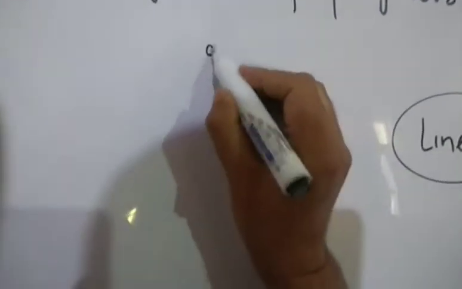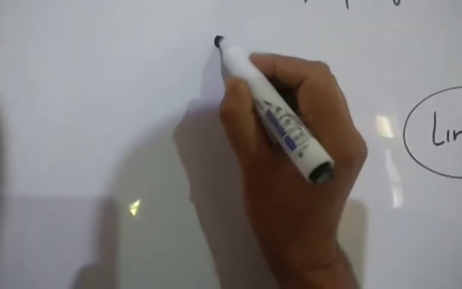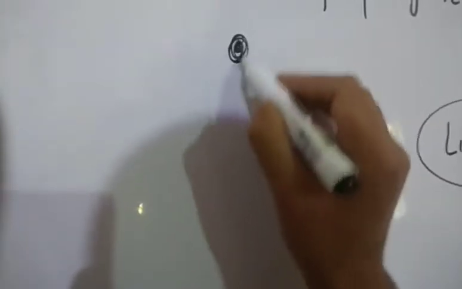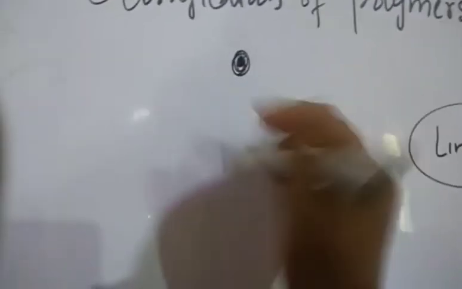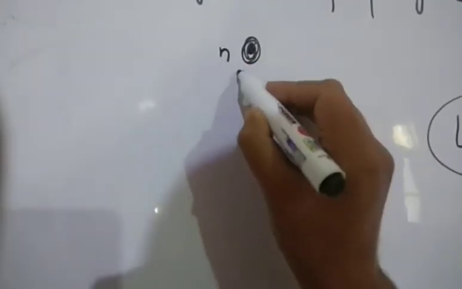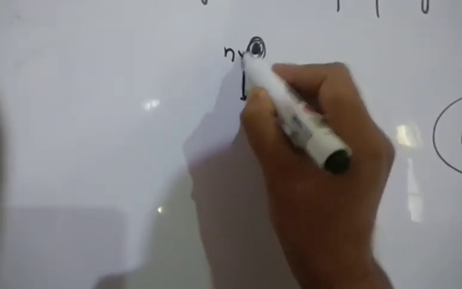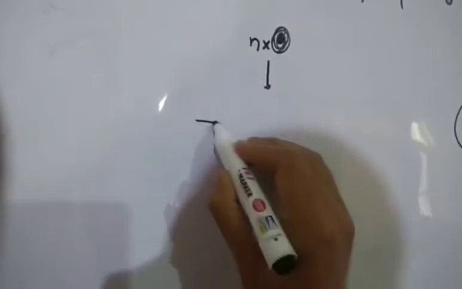Now linear polymer जो है, जैसे word बोल रहा है, it's a linear, means let us say this is our individual monomer or individual monomeric units. So the monomers will join together and they will form a polymer. Let us say n monomers will join together and they form a polymer chain.